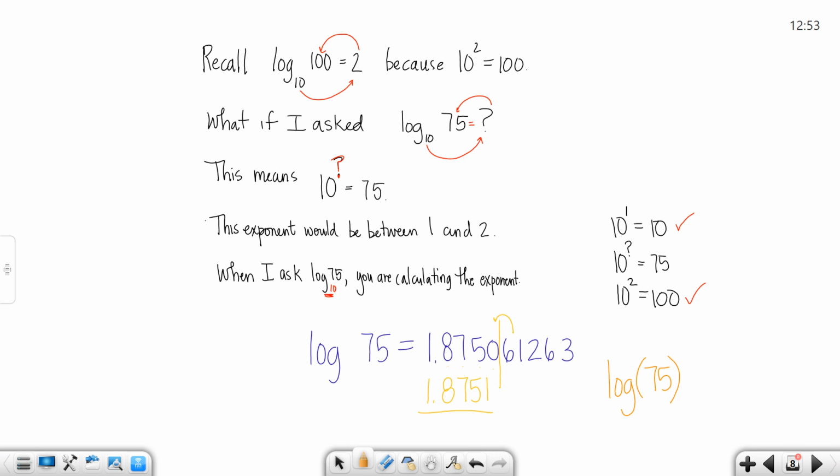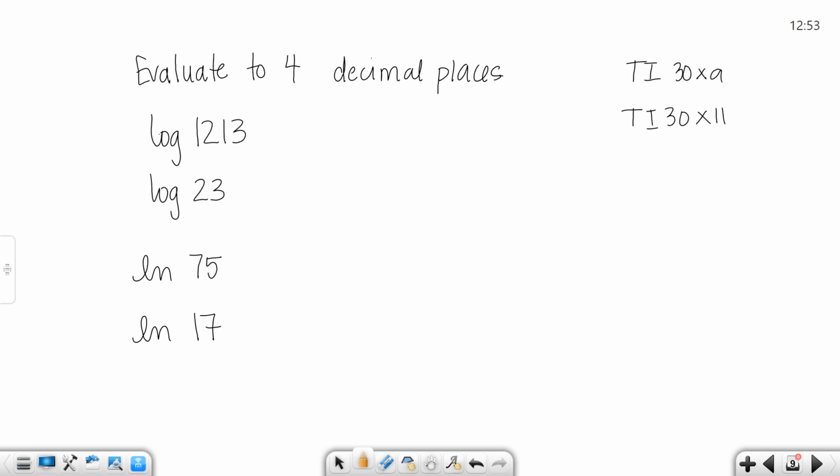Okay, so let's try some more of these. I'm going to start with the TI-30XA. For this calculator, we're going to enter 1213 and then hit the log key.